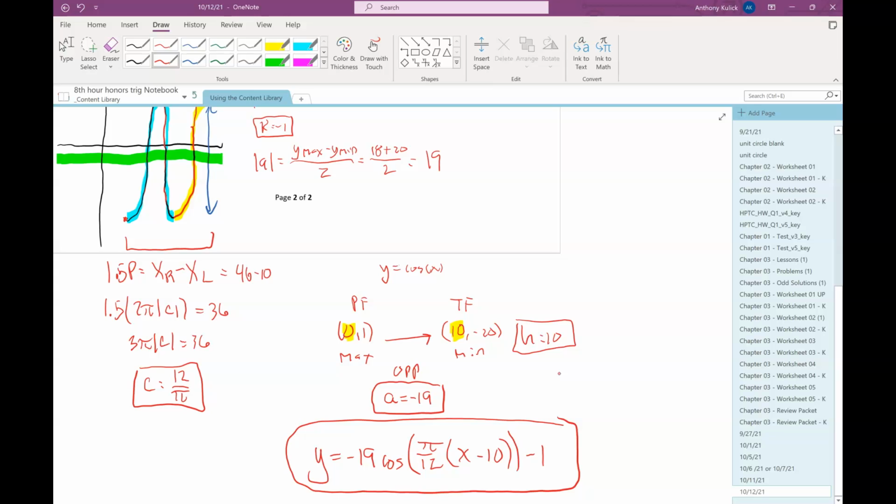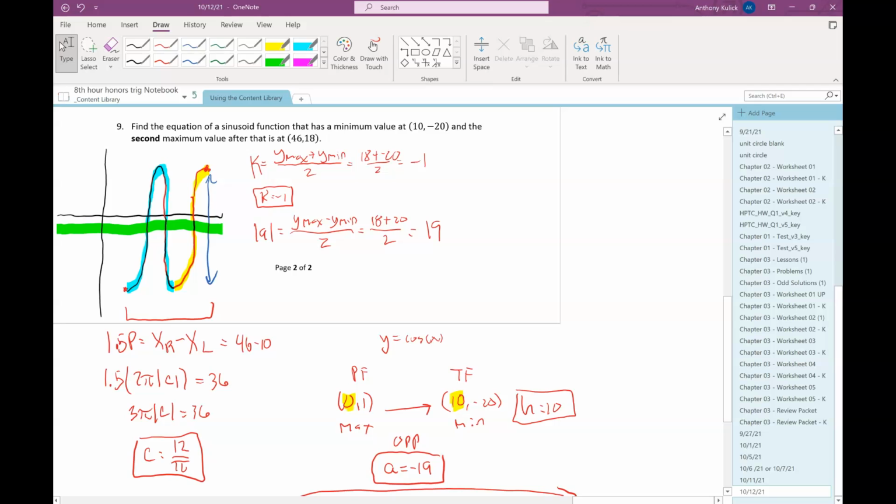Ariel? Wait, so when you're finding the period, you take how many there are and then flip it? Like, since there's 3 over 2 in that one. Well, I just thought about it as what I have here is 1.5 periods.